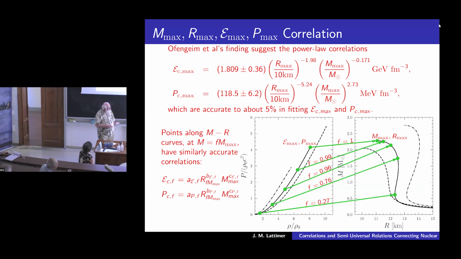And we also discovered that if you take fractional points along here, like at a fraction of 0.76 of the maximum mass, you can find similar correlations between the mass and the radius at this fractional point with the central energy density and pressure of the center of this fractional mass star.